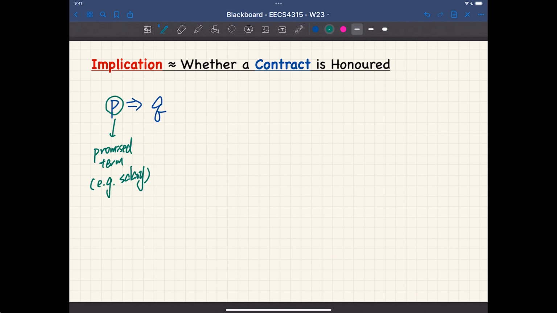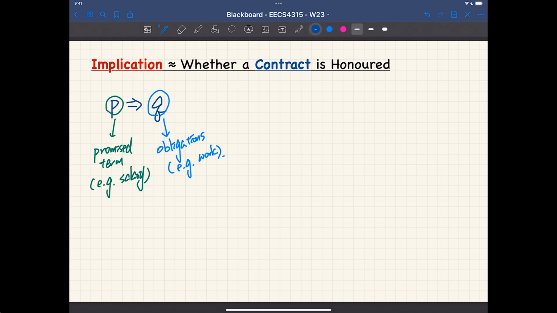And let's say the Q over here is the obligation, given that you get paid. Obligations. Of course, for example, you have to do some work. And now how do we use this kind of analogy to draw the truth table?